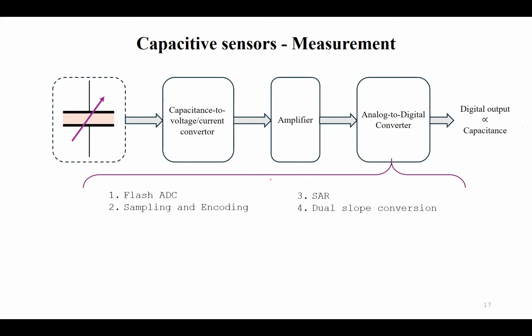We have types of analog to digital converters like flash type ADC, sampling and encoding, the conventional way of converting analog to digital data, or SAR, or dual slope conversion.